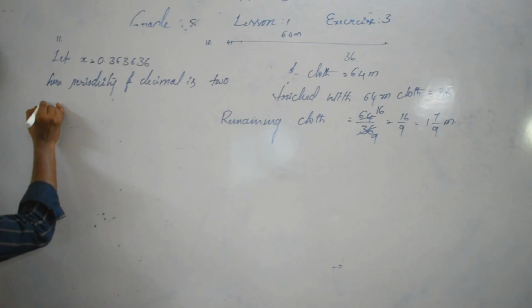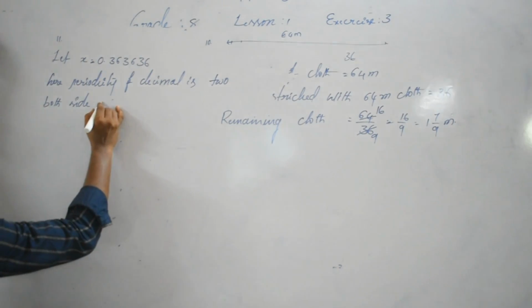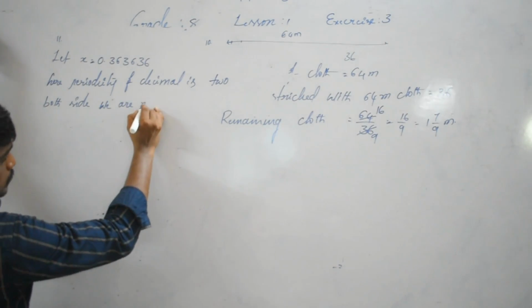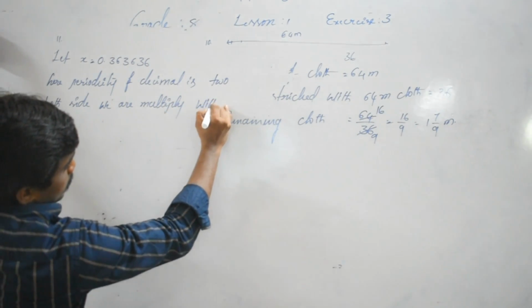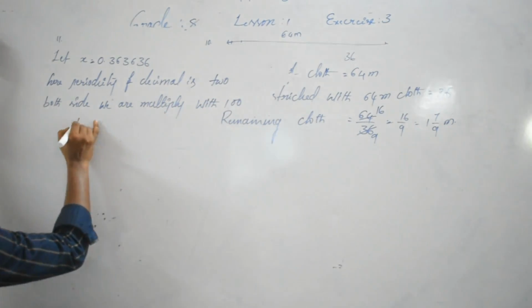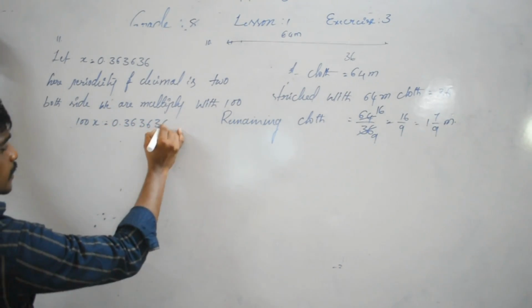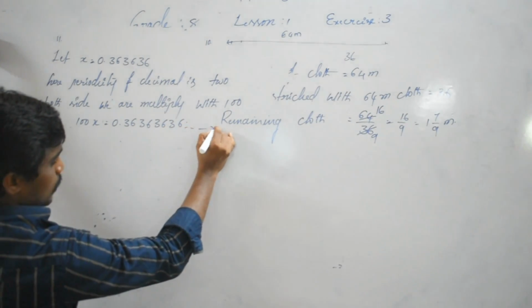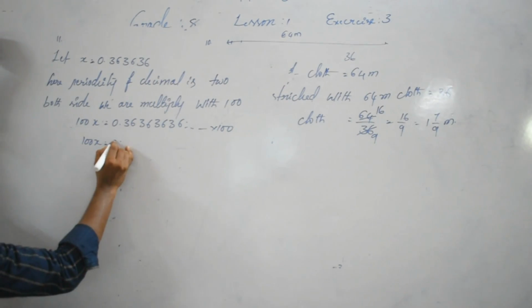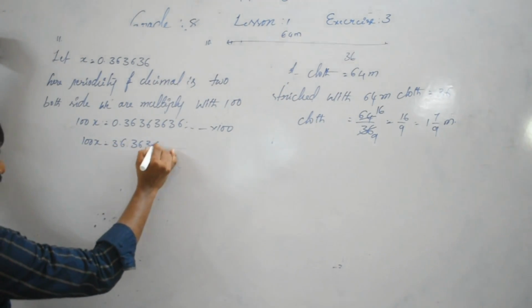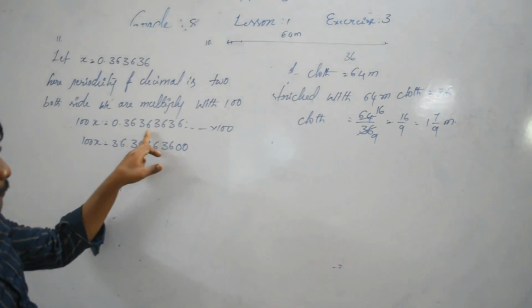So on both sides we multiply with 100. So 100 into x, 36.363636.